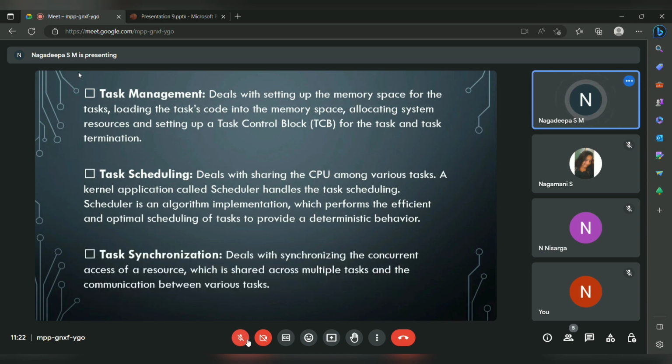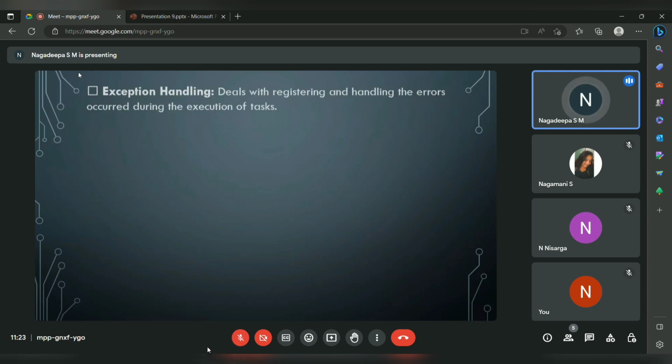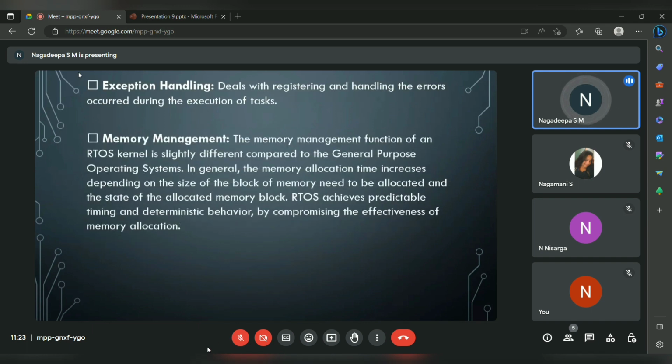Task synchronization deals with synchronizing the concurrent access of a resource which is shared across multiple tasks, and the communication between various tasks. What is exception handling? It deals with registering and handling the errors that occur during the execution of a task. Memory management.